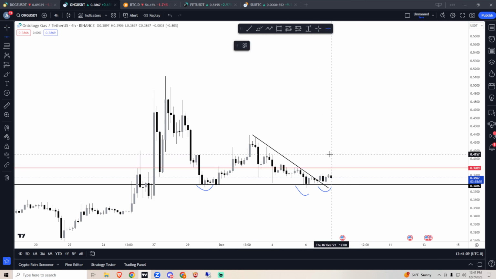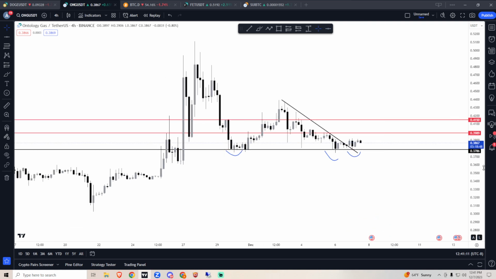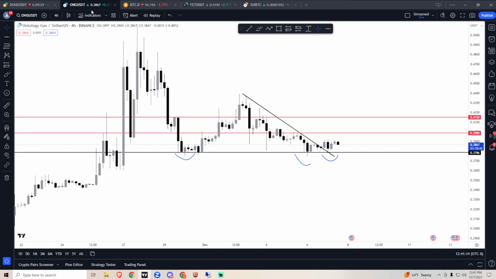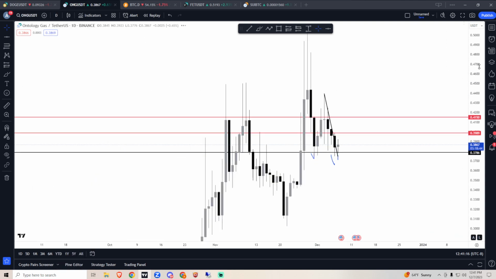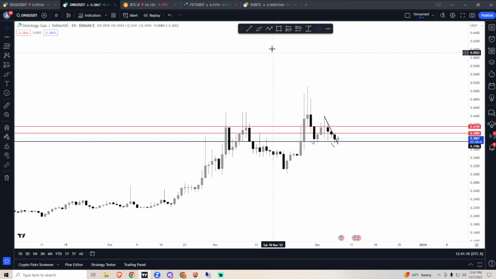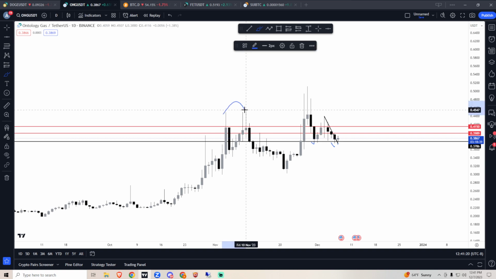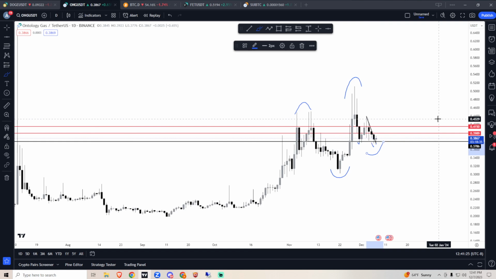Resistance. Resistance. It's making higher highs and higher lows, right? So it's an uptrend.